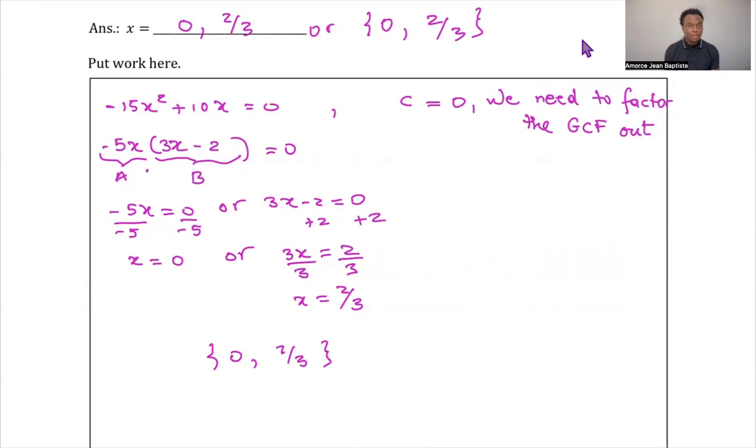You cannot get the answer with no steps. So if you can do it in your head, then write the steps on the paper, because work in this class is fundamental. So you need to show your work. Work is fundamental.